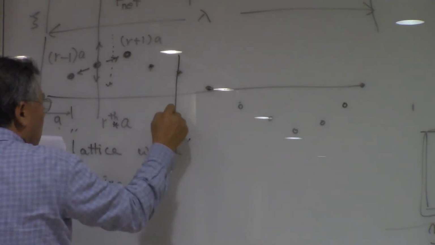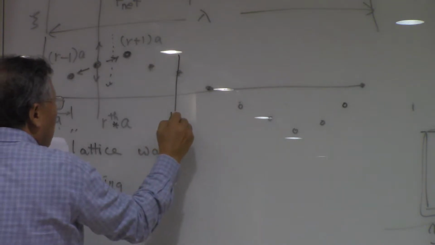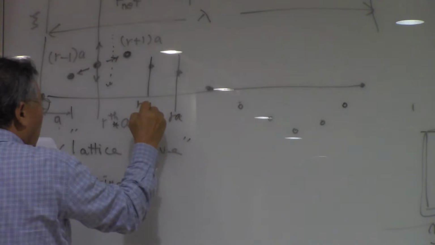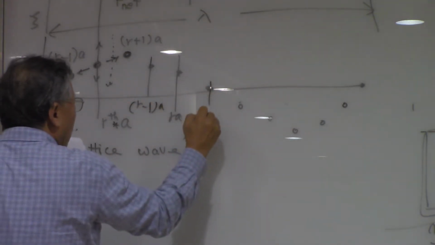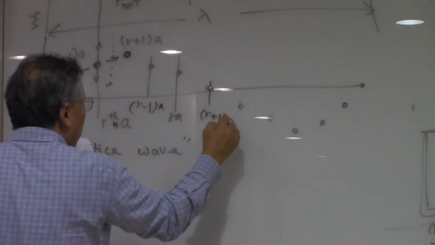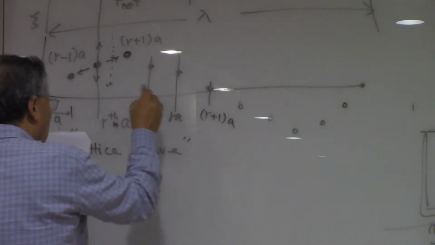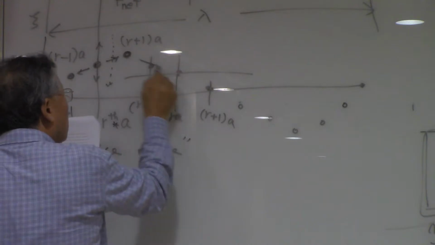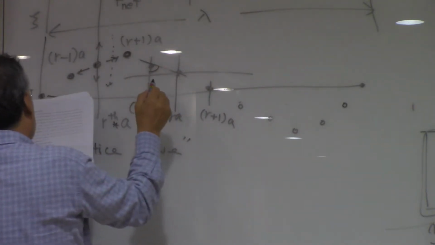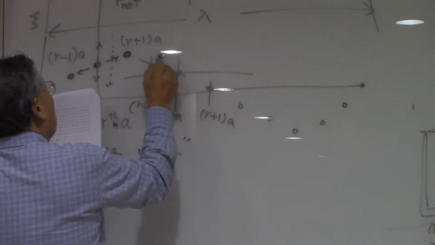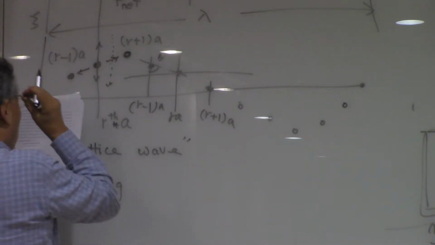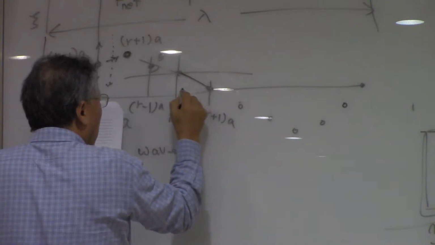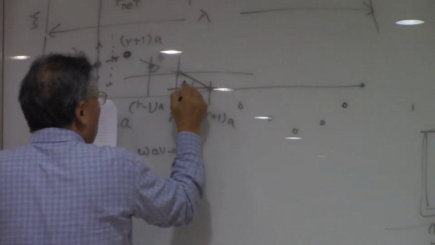So in the textbook, this is ra, and this is (r minus 1)a, and this is (r plus 1)a, okay? And then the angles shown here, this angle is going to be theta, and this angle is going to be phi in the textbook, okay?